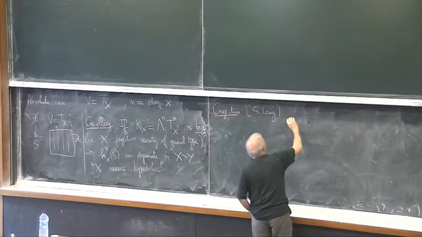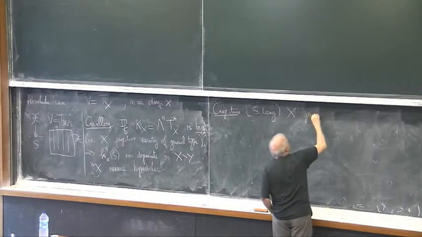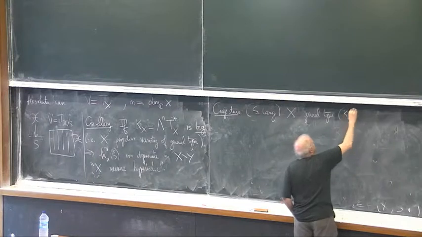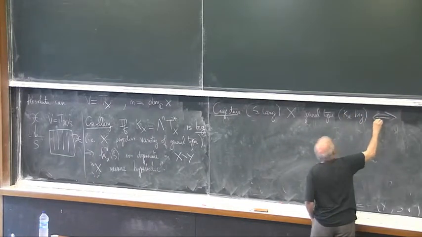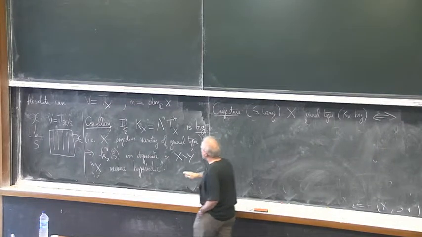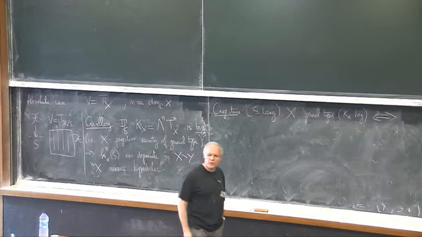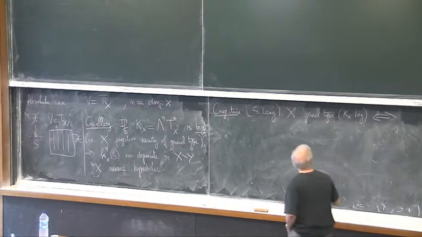So X of general type, that is by definition KX big, should be equivalent to X being measure hyperbolic, meaning that the Kobayashi-Eisenman volume is generically non-degenerate.